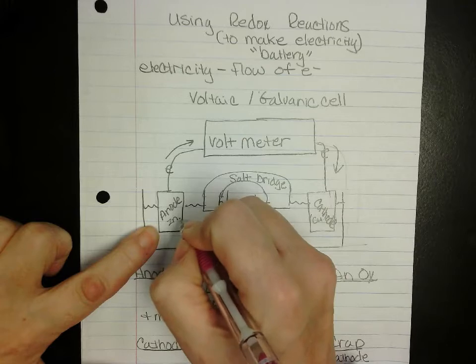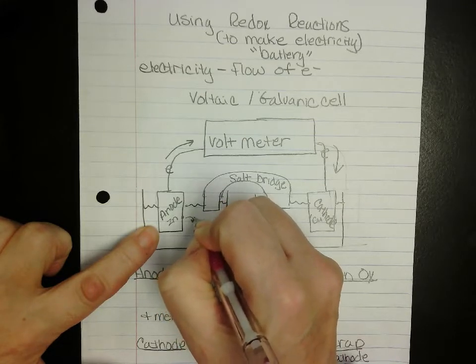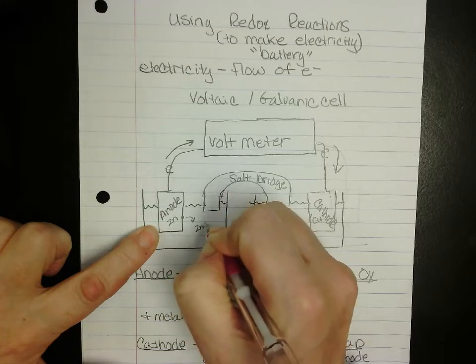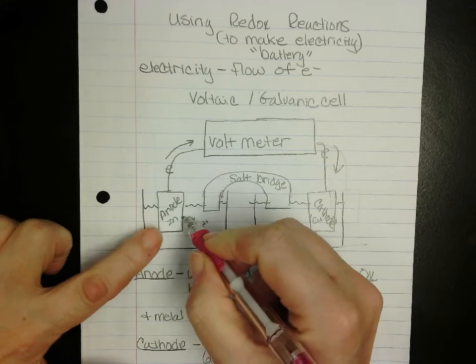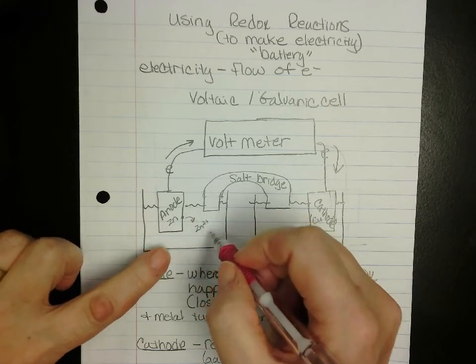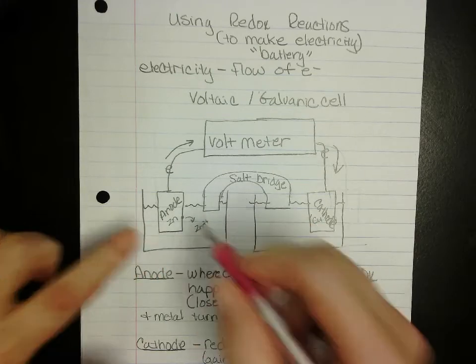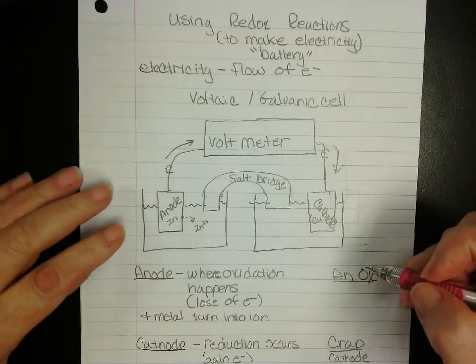Now if a zinc atom here loses an electron, it comes off as a zinc 2+ ion. Okay, so these atoms start coming off this anode and turning into ions. Ions will dissolve in solution and this metal won't. So this anode starts slowly going away.